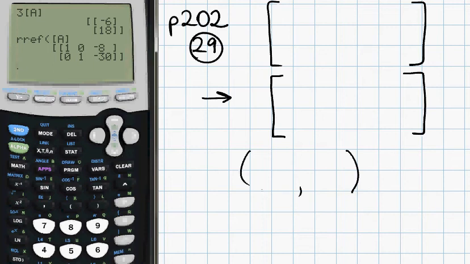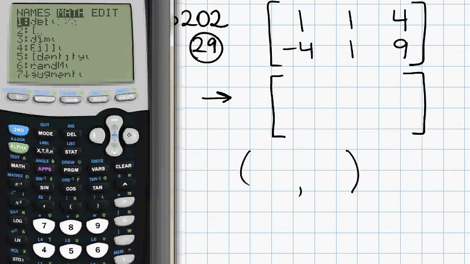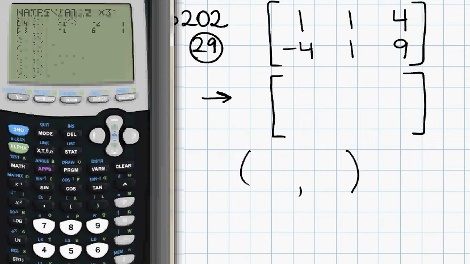All right, welcome back. You should have written that first equation as 1, 1, 4, and the second one as -4, 1, 9. Then you should have gone into your calculator and hit matrix. Go over to edit. Still a 2 by 3. 1, 1, 4, -4, 1, 9.